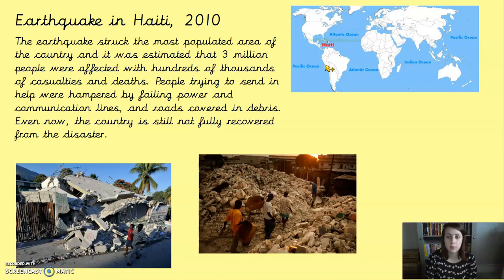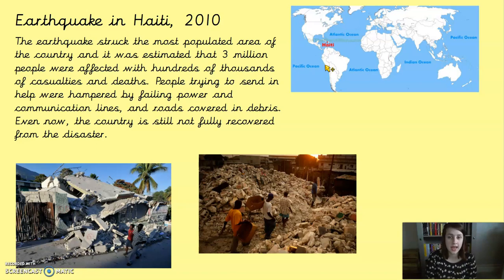People trying to send in help were hampered by failing power and communication lines, and the roads were covered in debris. Even now, the country is still not fully recovered from the disaster. So even over 10 years later, there are still issues with the environment, sort of debris, things that haven't been able to be fully recovered from 2010.